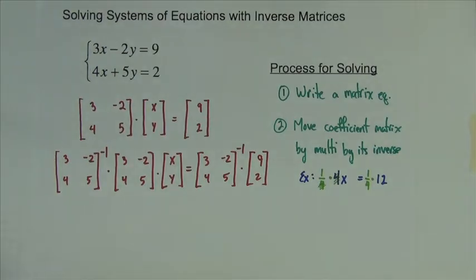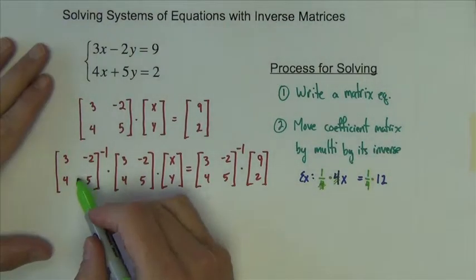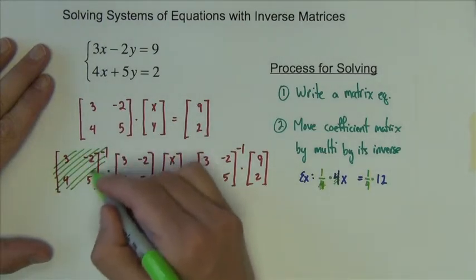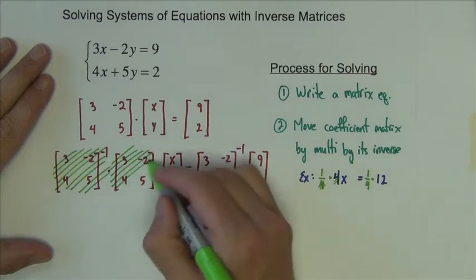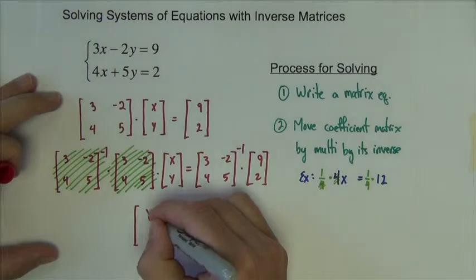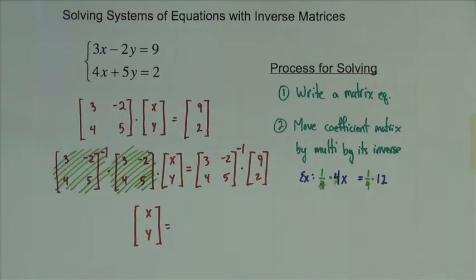So what happens there? By multiplying both sides by the inverse, whatever I do to one side, I do to the other side, so we're all good there. By multiplying this times its inverse, these cancel out. And what's left is just the variables, x, y.